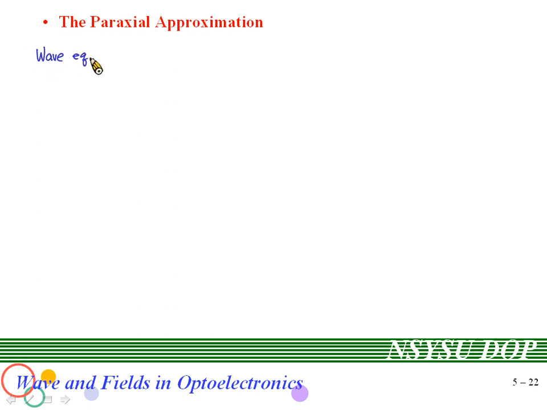We have learned that the wave equation can be expressed as Laplacian phi minus the inverse of c squared times partial square phi over partial t squared, which is 0. And of course, we can transform the wave equation into the phasor form to have the Helmholtz equation.